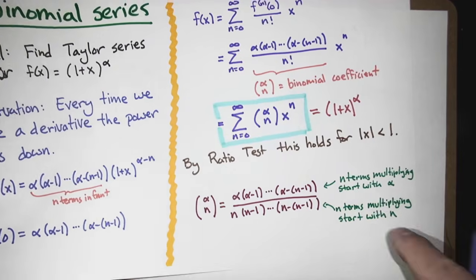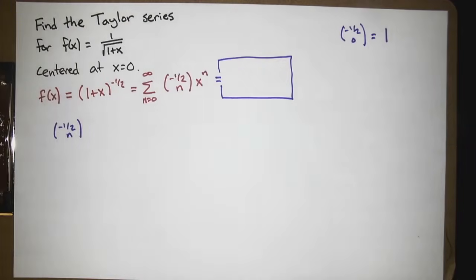So I have no terms upstairs multiplying, and no terms downstairs multiplying. When you have nothing and you multiply nothing, what do you get? 1. Now that sounds strange, but I didn't say you had 0 and you multiplied 0. You had nothing and you multiplied it.